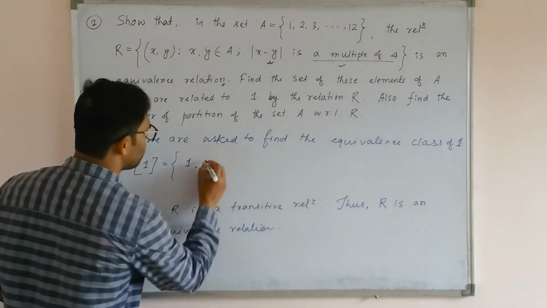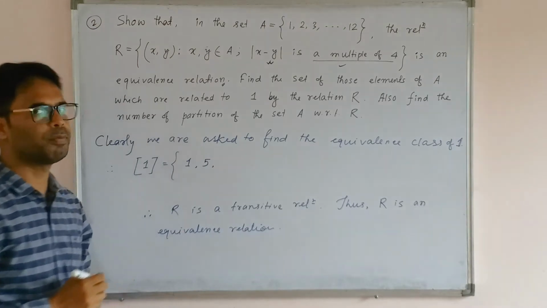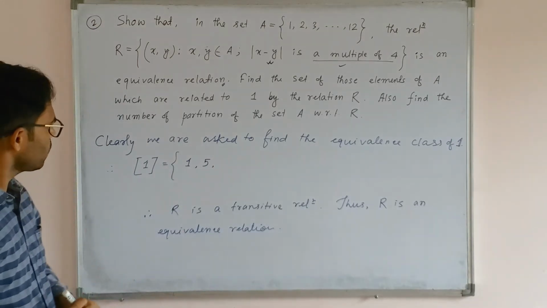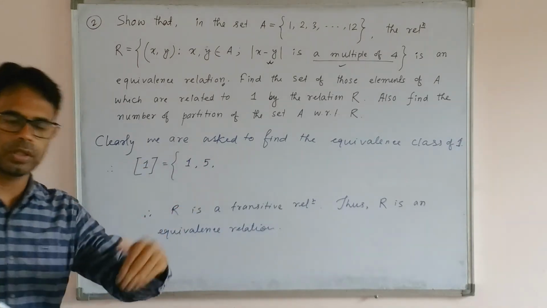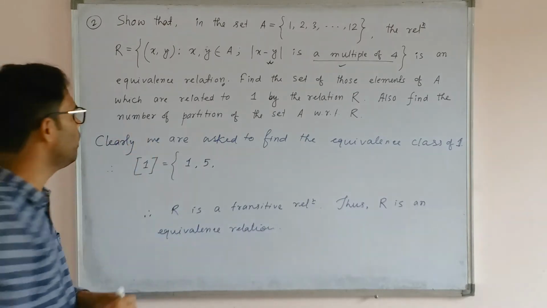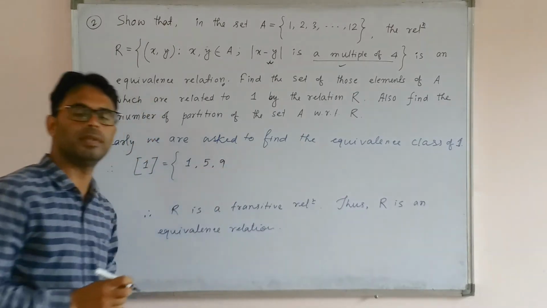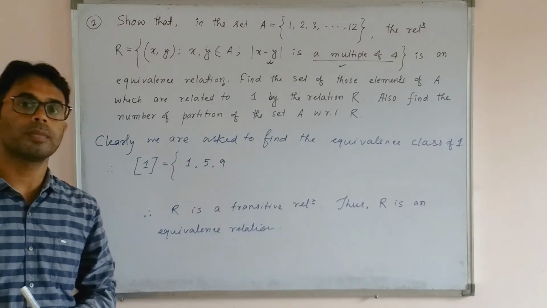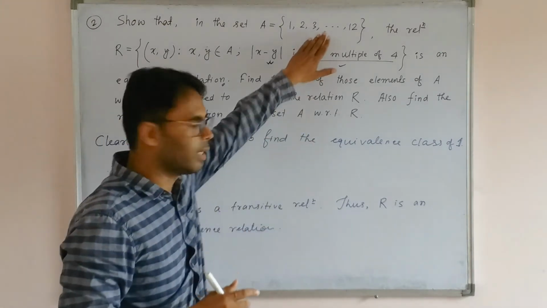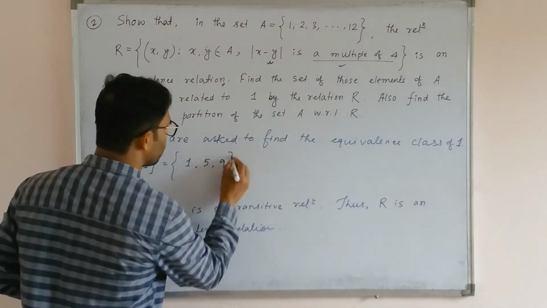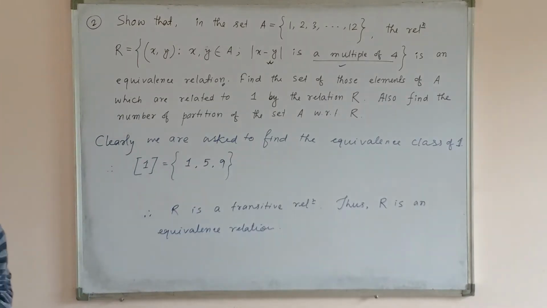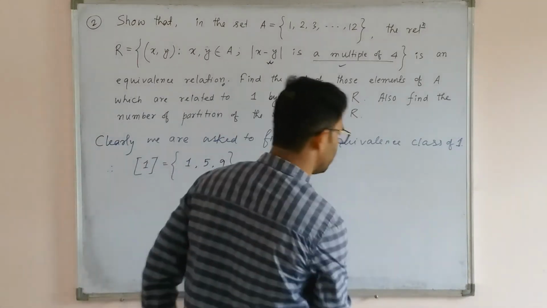So 5 will come here. Then 9 will be there, 13 is not in the set. So ultimately the class of 1 will be just 1, 5 and 9. That is the answer for the second question.